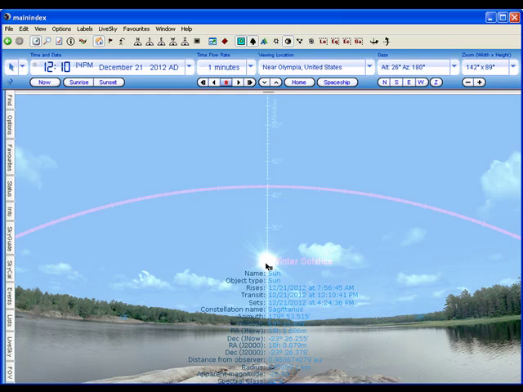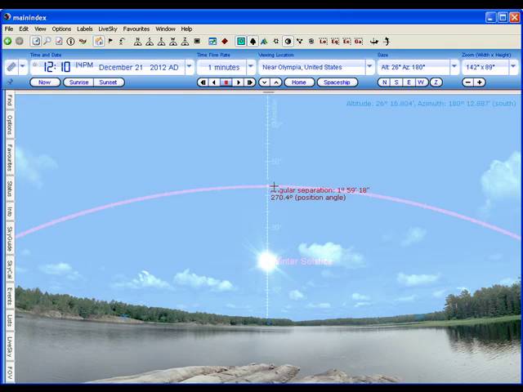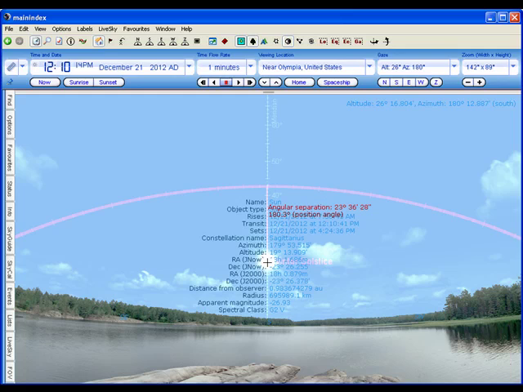And since we are tilted 23.5 degrees, if we use the angular separation tool, we can actually measure the angular separation between the celestial equator and where the sun is. And you can see it's 23 to 24 degrees, depending on where I pick my point. Basically 23.5 degrees below the celestial equator.